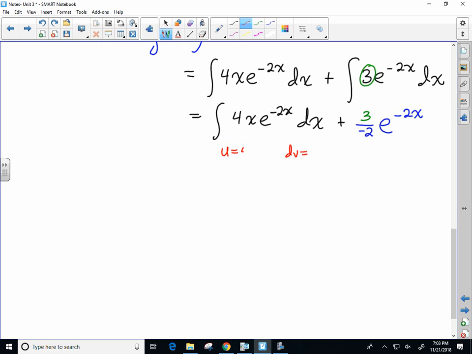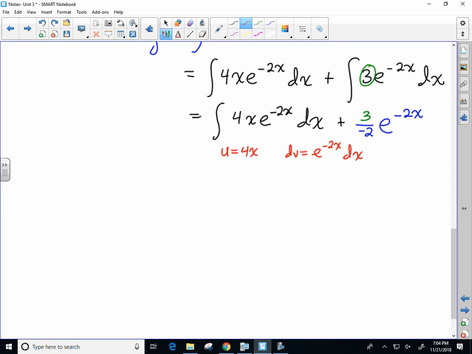So u would be 4x, dv would be e to the negative 2x dx. Remember, when you're deciding on your u and your dv, for the dv you always start with something that you can integrate. If you can't integrate it, then it's not your dv.